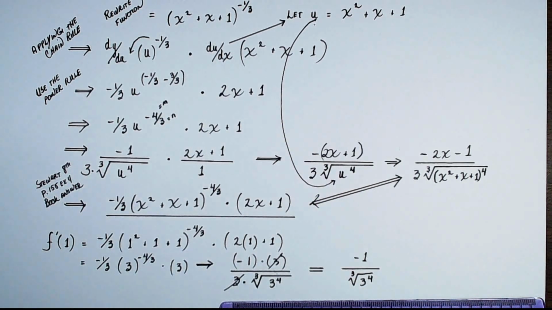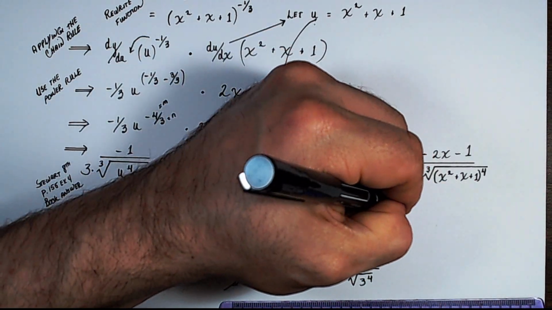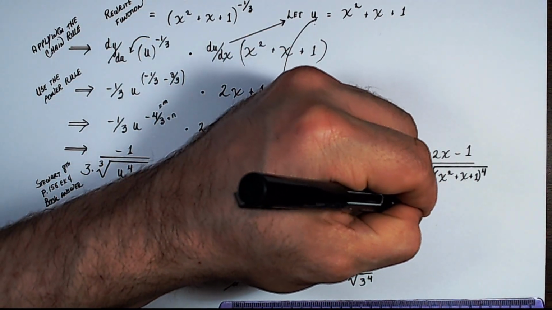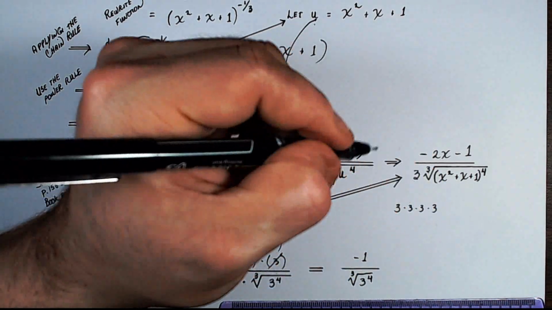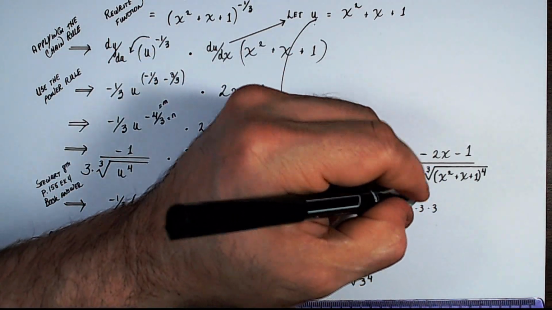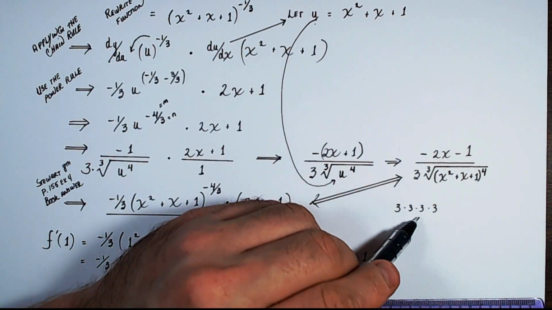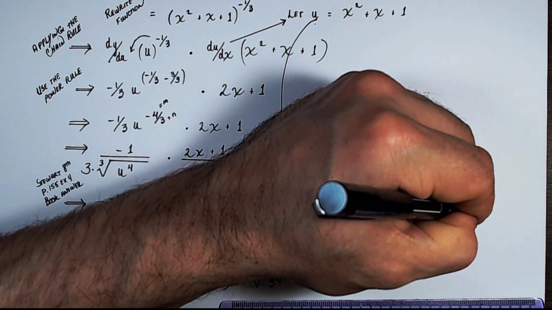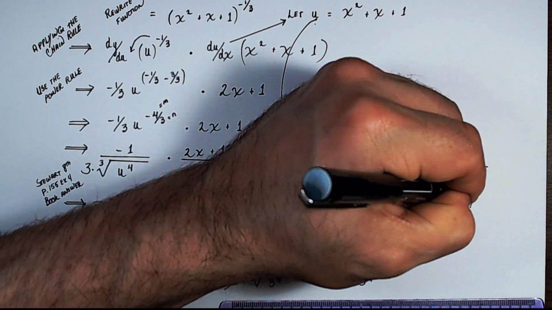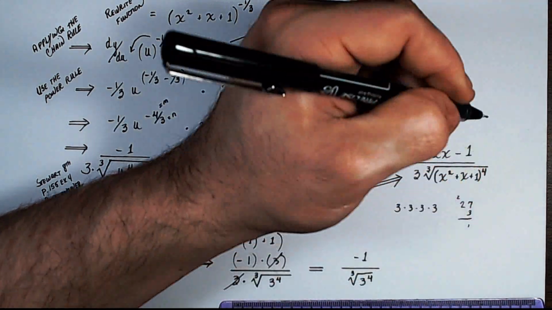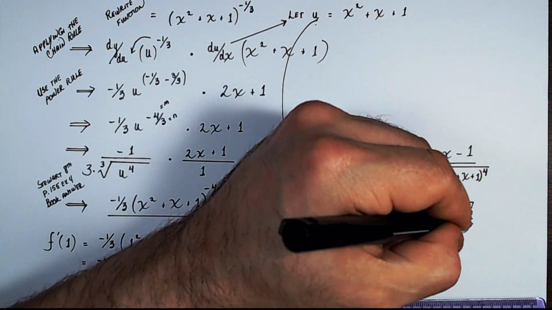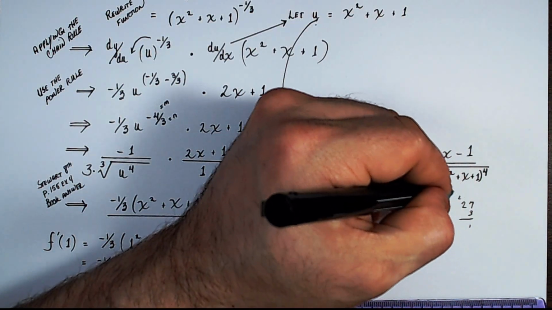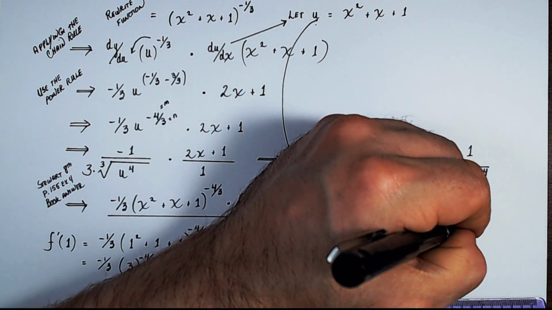Well, what is 3 raised to the power of 4? That would be 3 times 3 times 3 times 3. 3 times 3 is 9, times 3 is 27, and 27 times 3 is, is that right? So that's 21. 6 plus 2 is 8. 81.